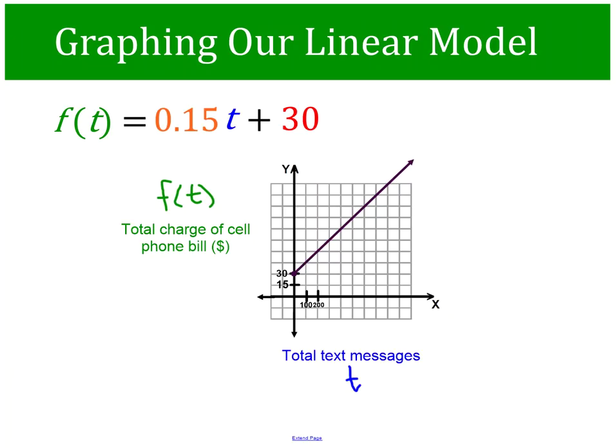Because if I substitute 100 in, this coordinate point right over here, 0.15 times 100 is 15, plus 30 is 45. So this is the coordinate point 100, 45. So this is a different representation.